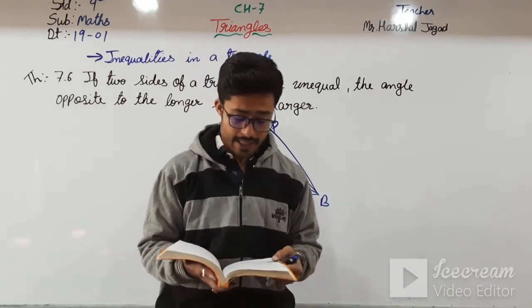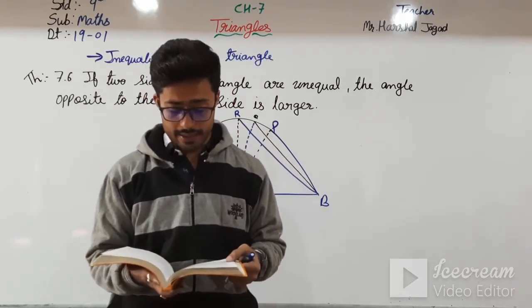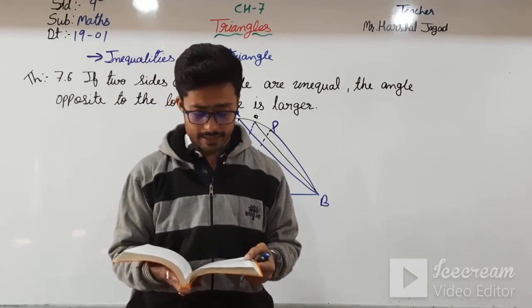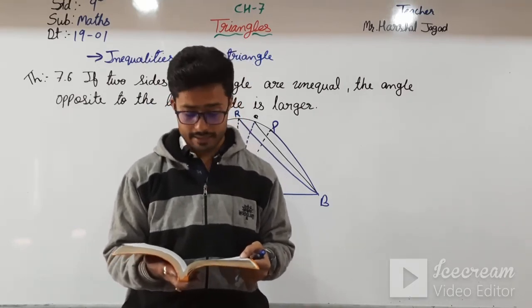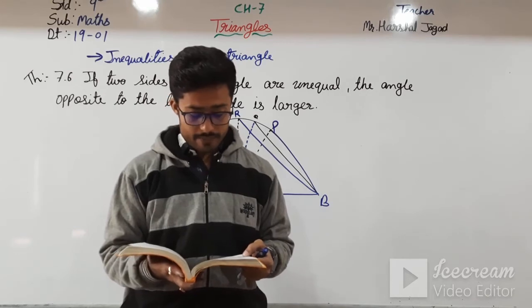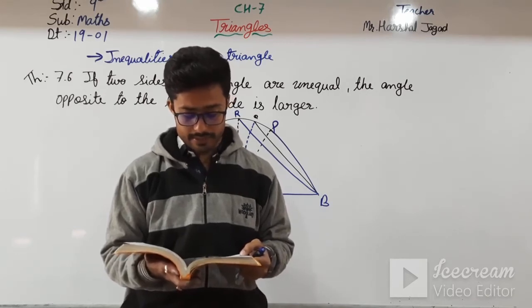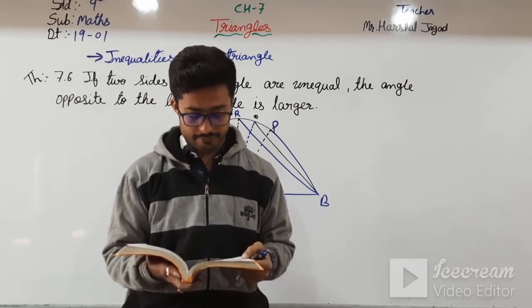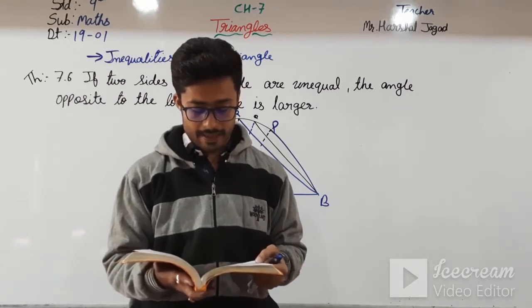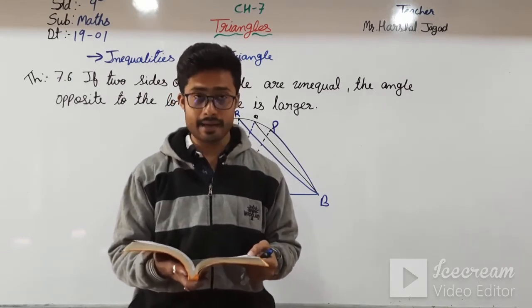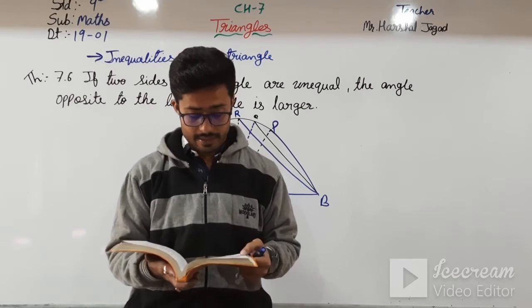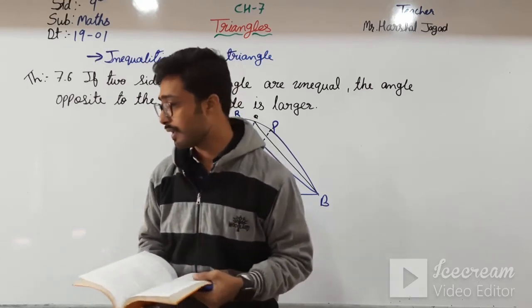Now draw any triangles with all angles unequal to each other. Measure the lengths of the sides. Observe that the side opposite to the largest angle is the longest. In figure 7.45, angle P is the largest angle and AC is the longest side. Okay, repeat this activity.